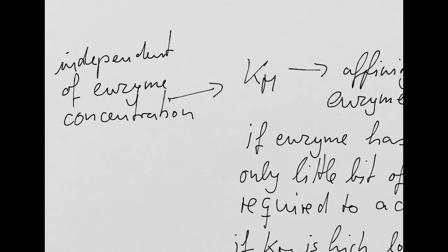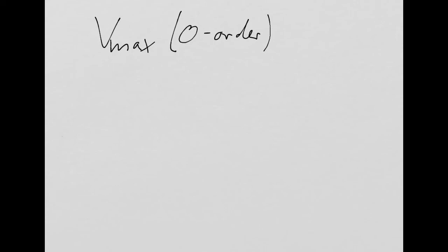So if I ask you now, what do the three important enzyme parameters actually tell you? Vmax, this is when the reaction goes into zero order mode. Vmax tells me how the enzyme behaves when the substrate concentration is very high.